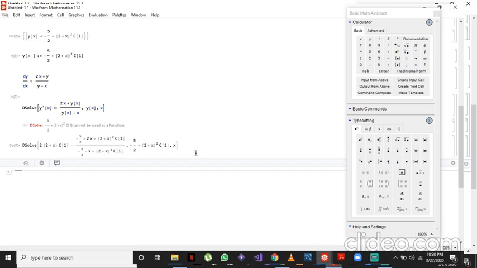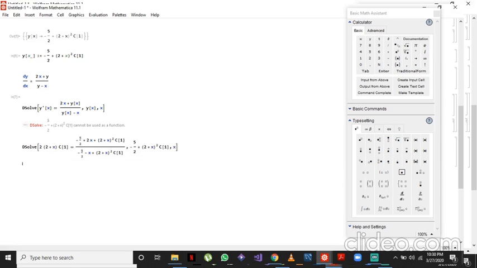Let me see if we can further do anything to it. No, unfortunately nothing else can be done to this equation. Moving on, there are other things that can be done. Let's see if we can solve a second order differential equation.